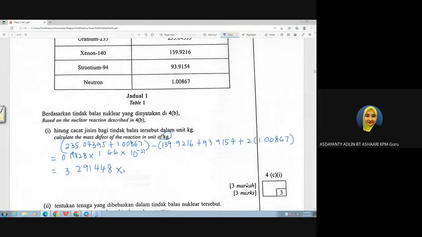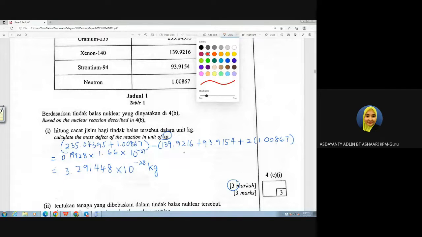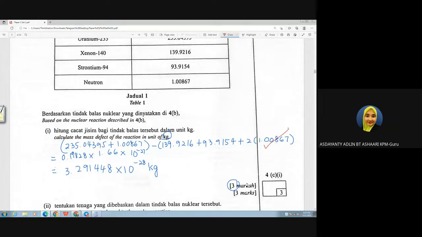Okay, times 10 power of negative 28 kg. Okay, so 3 marks. What they will check is this one, and then times the conversion of unit. Then final answer with correct unit.